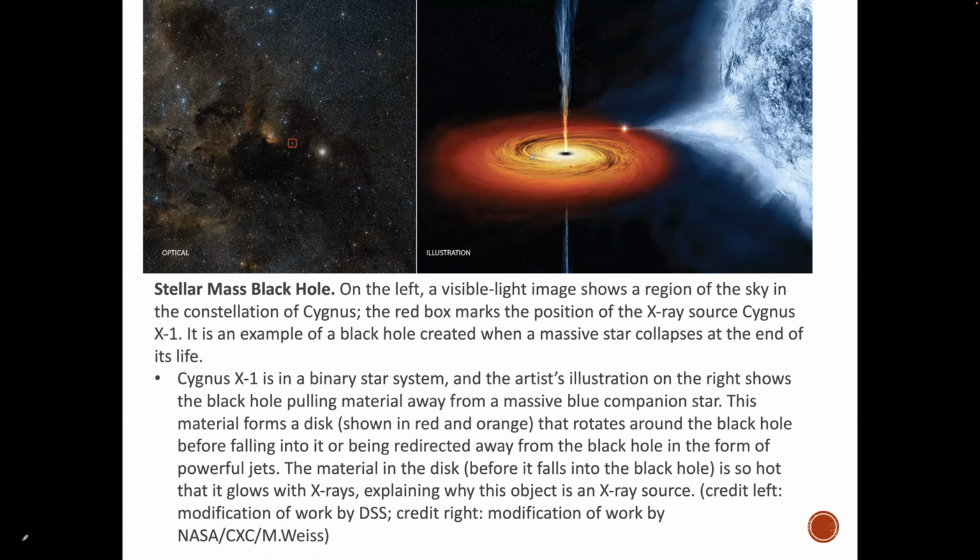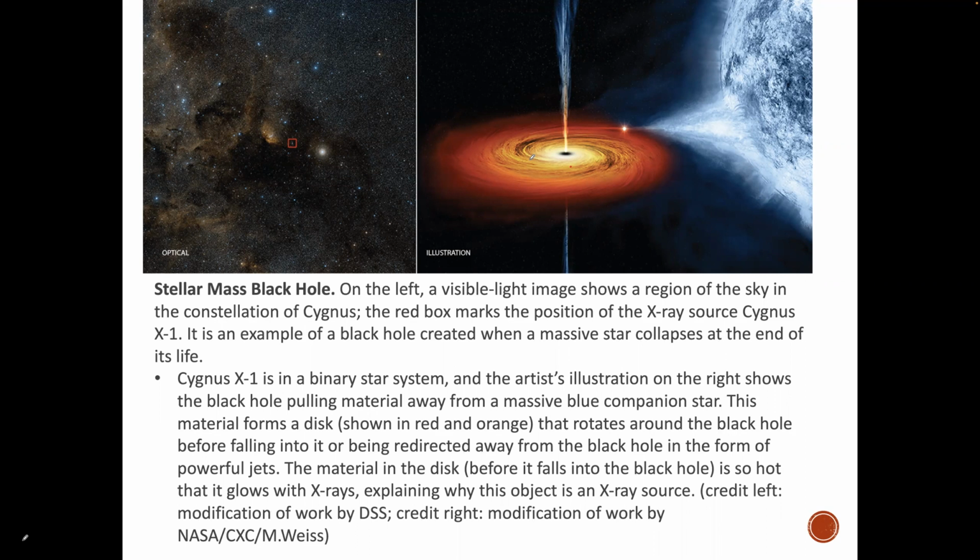What you have on the left is a visible light image that shows a region of the sky in the constellation of Cygnus, right? So the region that you are looking at in this left-hand side image is an optical image. It's a region in the sky that belongs to the constellation Cygnus, right? And there is a red box that you can see marked.